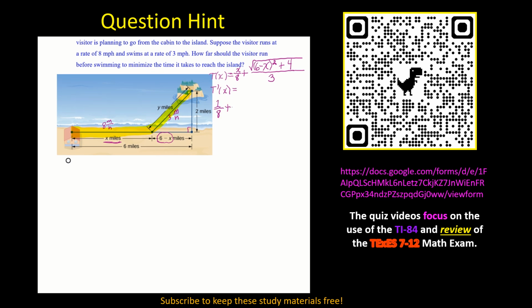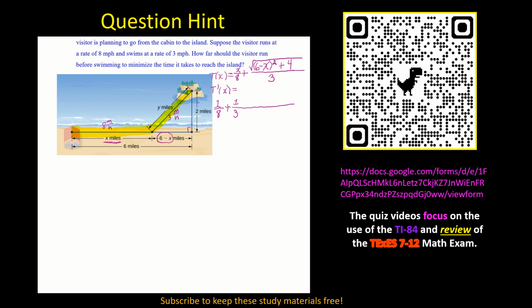And now we need to add this entire term's first derivative. So I'm leaving the 1/3 and splitting it up, but that takes care of dealing with that actual numeric value.